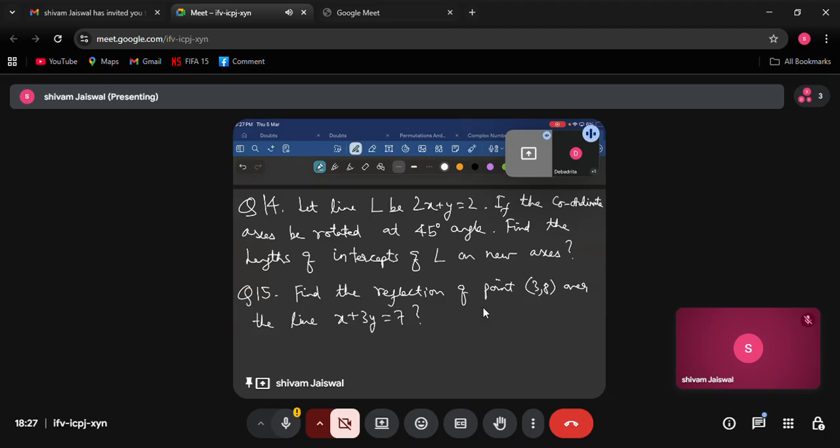What is the length of intercept of the coordinate axis?